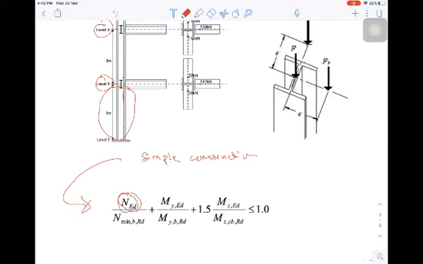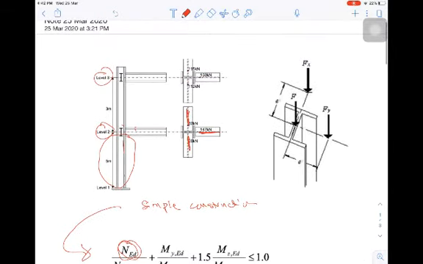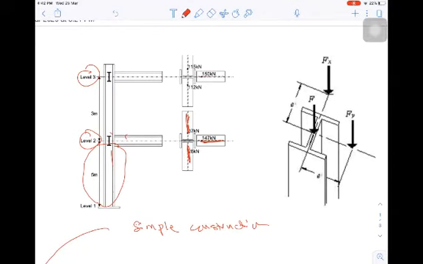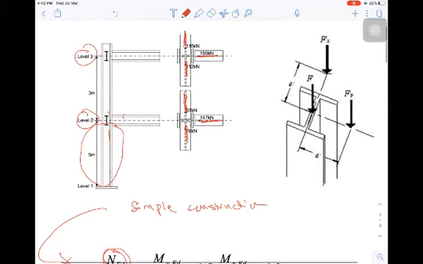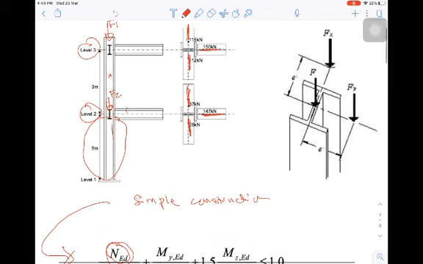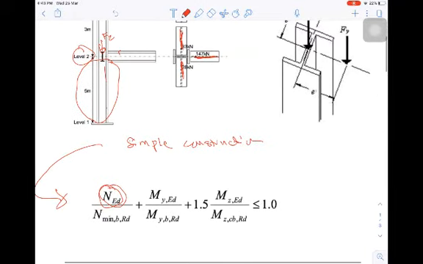It comes from the reaction of the beams connected to the column at level 2 and at level 3. The summation of all those reactions is the value transferred here, and this one transferred here. So let's say this is F1, this is F2, and also this is the self weight. NED will be the summation of F1 and F2.